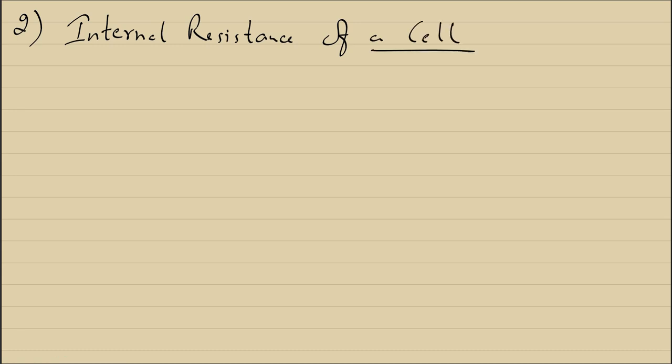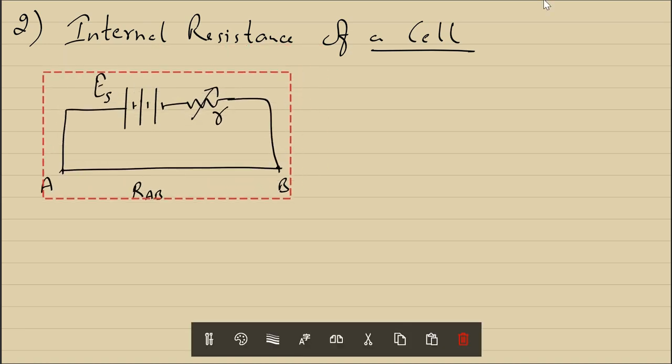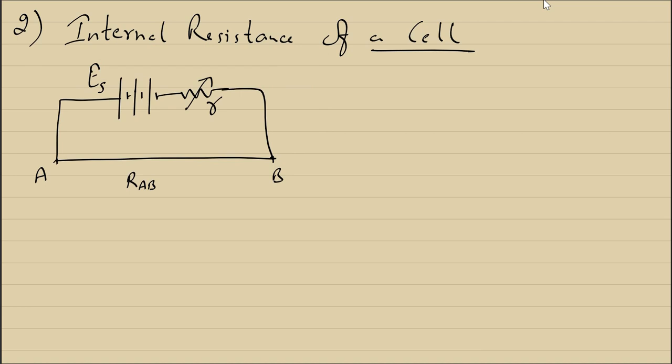Again, in this case also, the basic circuit of the potentiometer remains the same. Suppose you have a cell of EMF E and internal resistance R. Let us avoid writing the same R to avoid confusion, so let us say it is capital R here, which we need to find using our potentiometer.